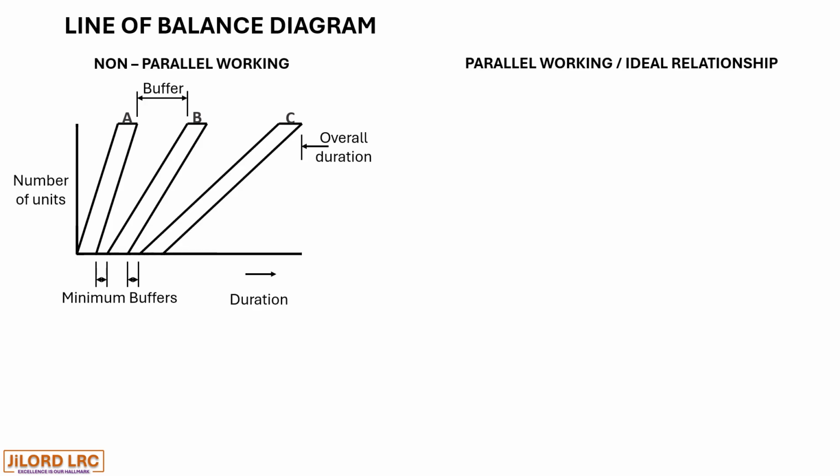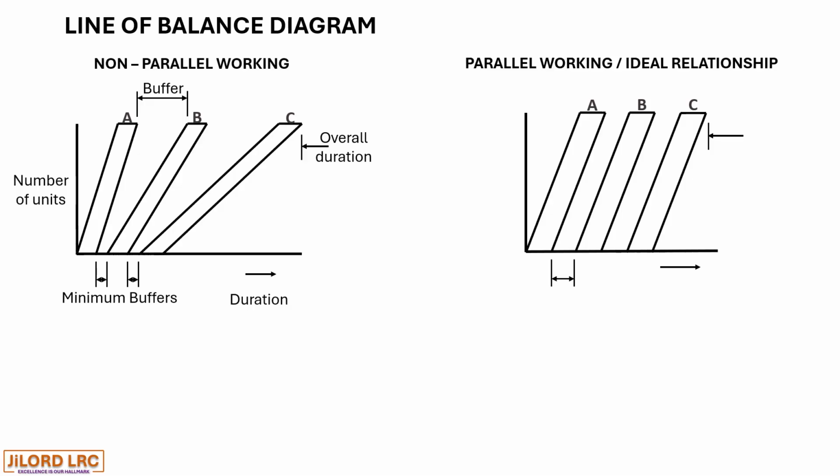Parallel working or ideal relationship. So where the operations are parallel, as we can see, which rarely happens, and that is why it is known as an ideal situation or relationship.